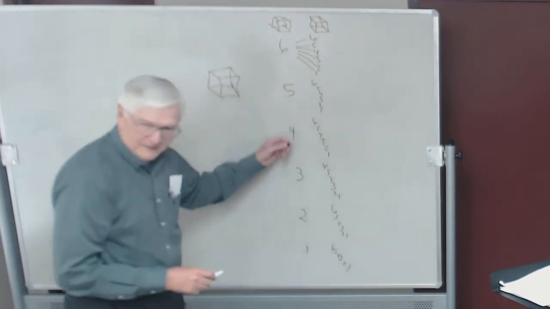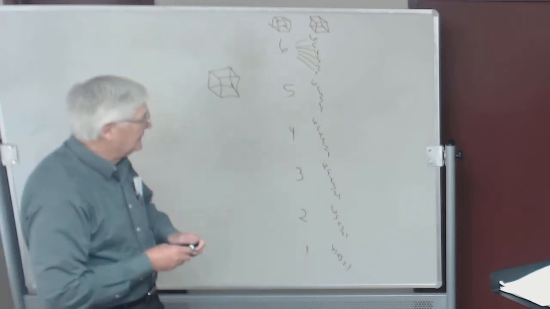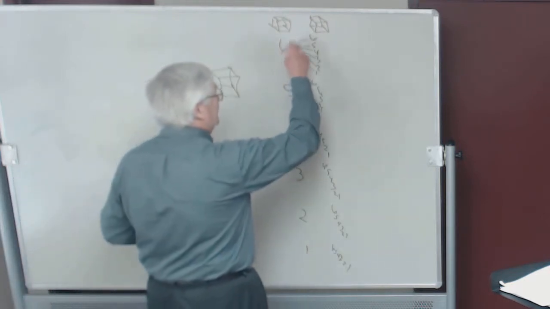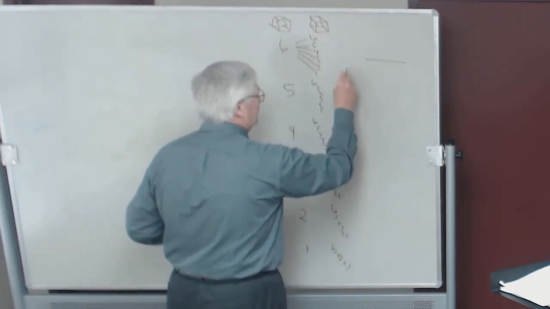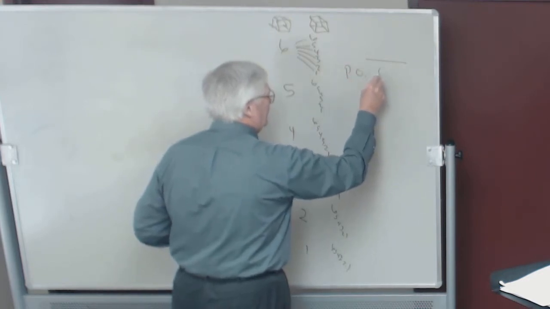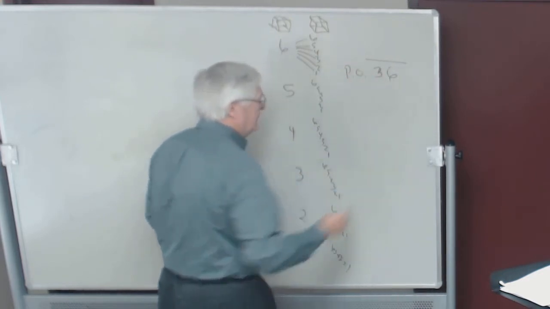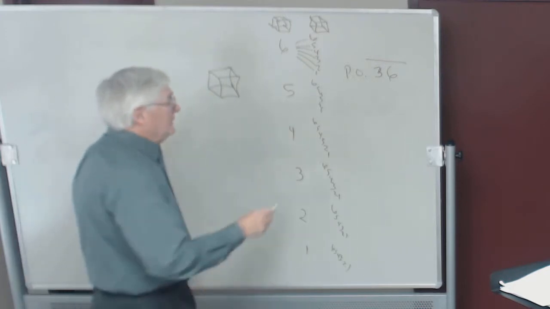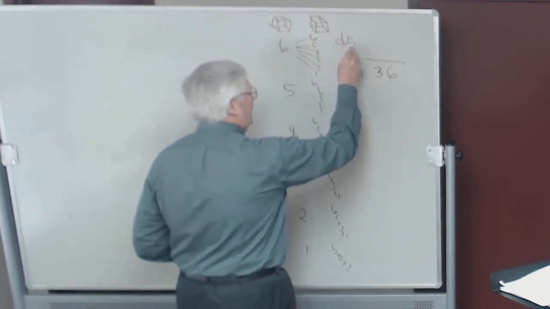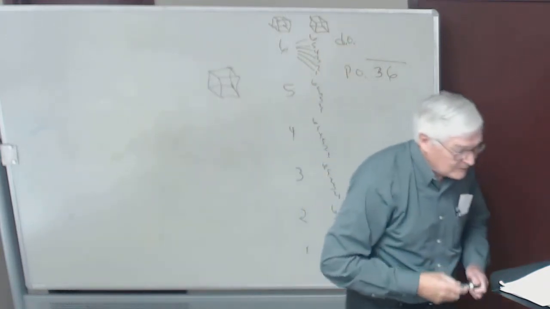See what I'm doing? Listing all the possibilities. And out of all the possibilities, 6 times 6, the possible outcomes are 36.